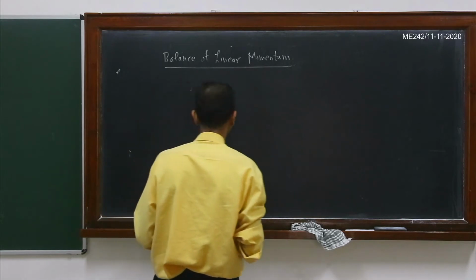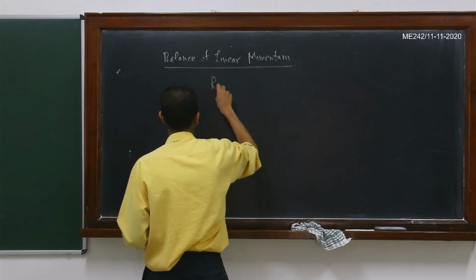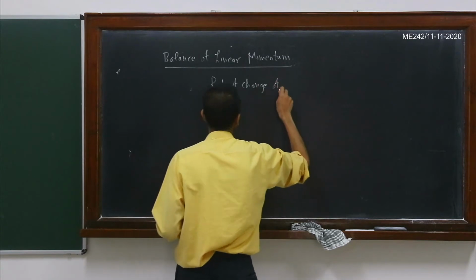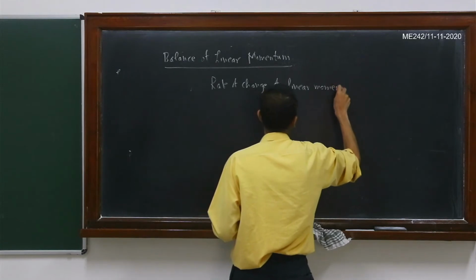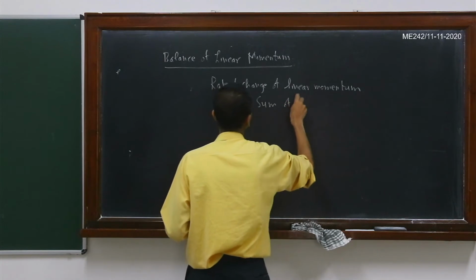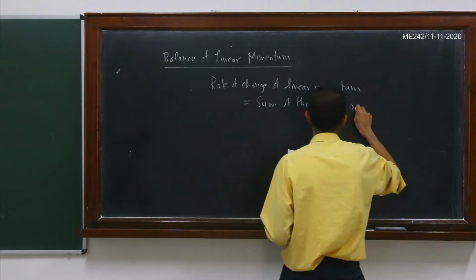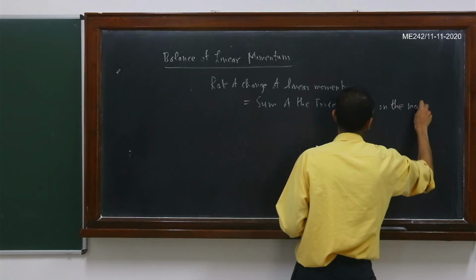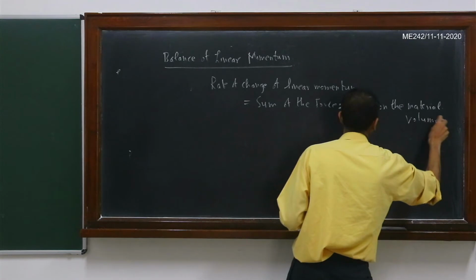So basically, what we want to say is that the rate of change of linear momentum is equal to the sum of the forces acting on the material volume.